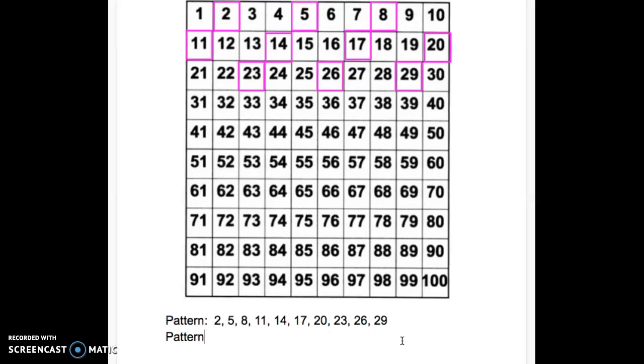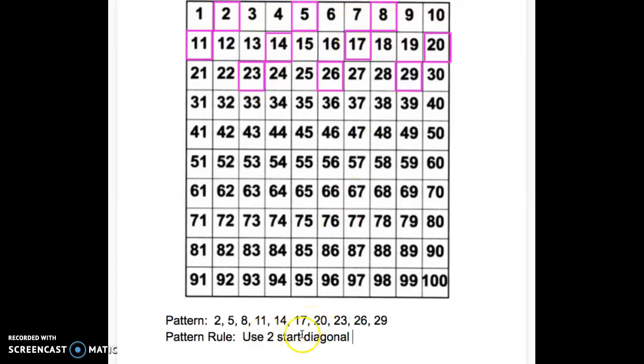For the pattern rule, maybe I notice that we're using 2 as the start diagonal. I know that sounds really confusing, but if you see here, my 2 is the first number, and directly diagonal to the left of it is number 11. The next number is 5, and directly diagonal to the left, 14, is part of the pattern. And then directly left diagonal again is part of the pattern.